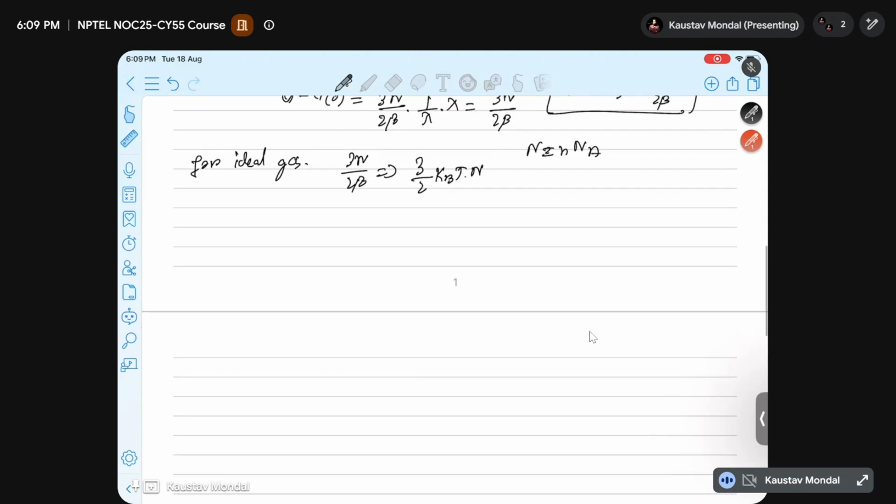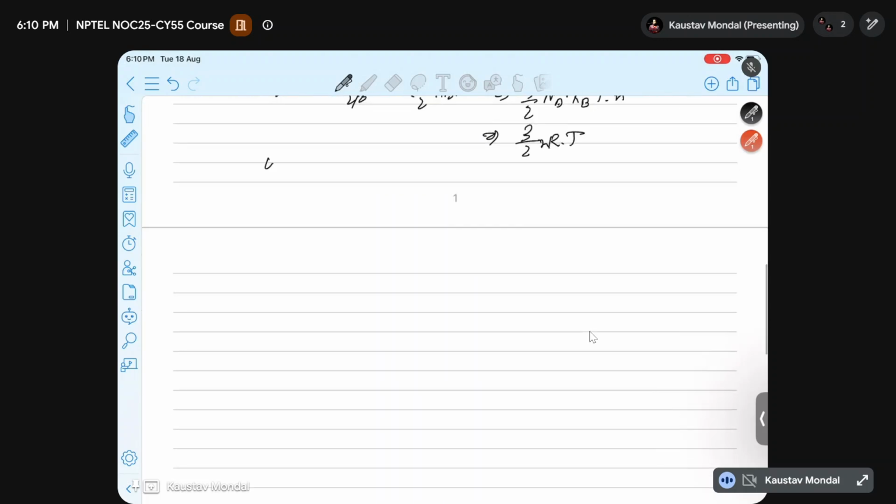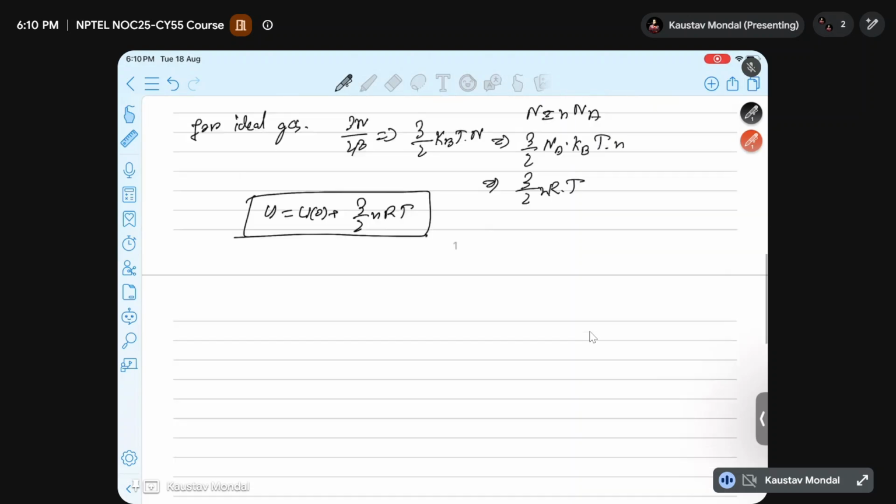So it can be written as 3 by 2 Na into kB into T into small n. So Na into kB is nothing but the ideal gas constant R, right? So the expression will now become U equal to U0 plus 3 by 2 nRT. Okay. The expression of the internal energy.